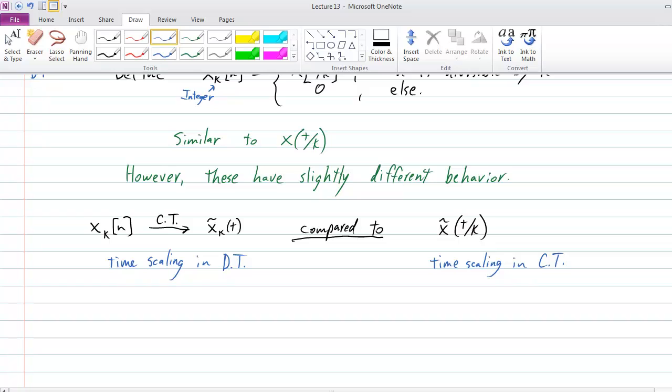Okay, so another one is this. This one's important for today's discussion. Infinitely extended, and let's say spacing of T. This we call a delta train, a train of delta functions.